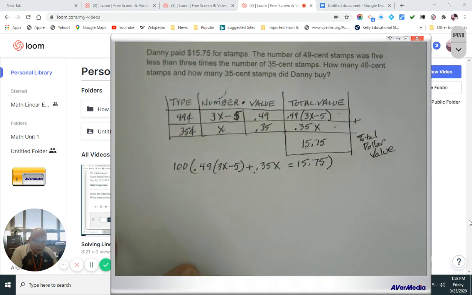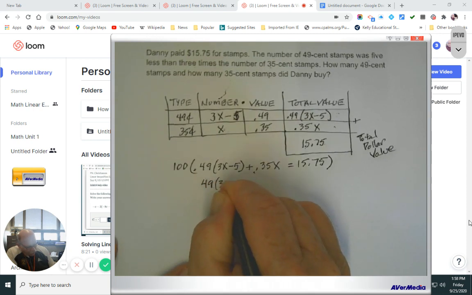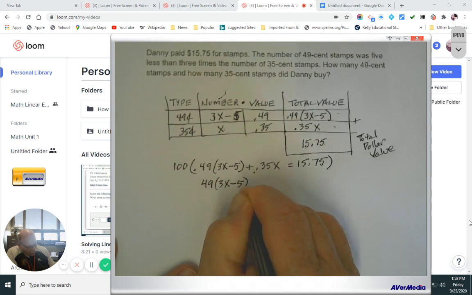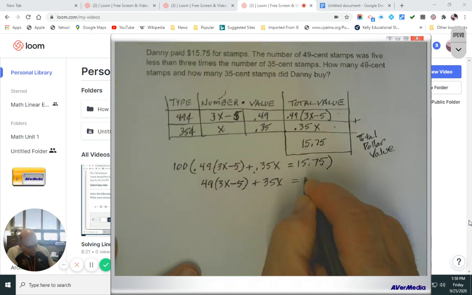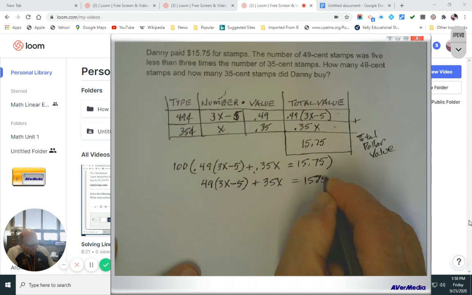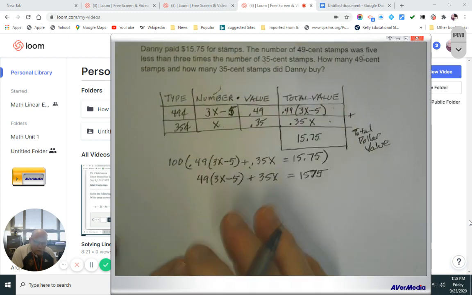Anytime we're talking about a money value, we're going to move it 2 decimal places. So multiply by 100, and what I'm going to get is 49 times 3x minus 5 plus 35x equals 1575. So no more decimals, which is nice.